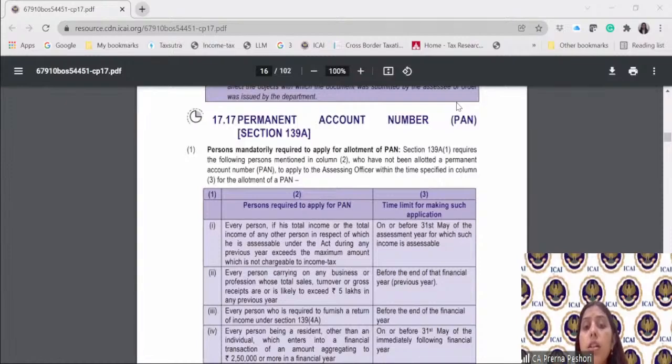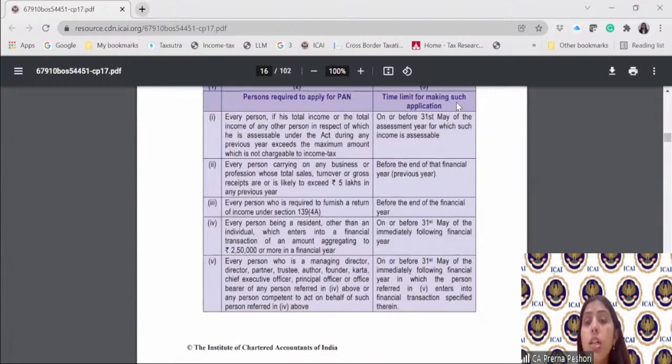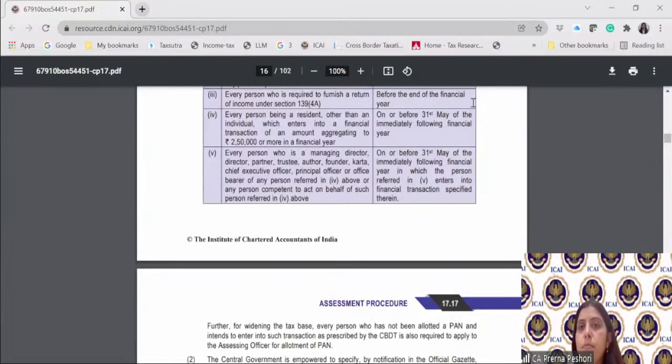And every partner, director, trustee, founder, karta, or principal officer of such person who is entering into a financial transaction of more than 2,50,000 is also required to obtain the PAN on or before 31st May of the assessment year or the next year following that particular financial year. Clear? So the application for obtaining the PAN is mandatory for such persons. Every person mentioned here has to obtain the PAN mandatorily.